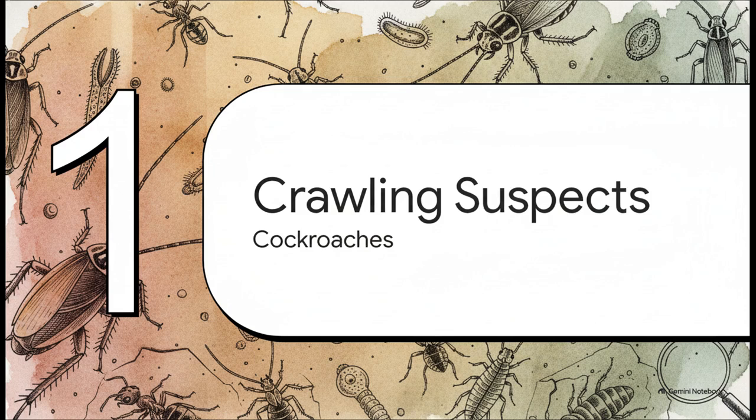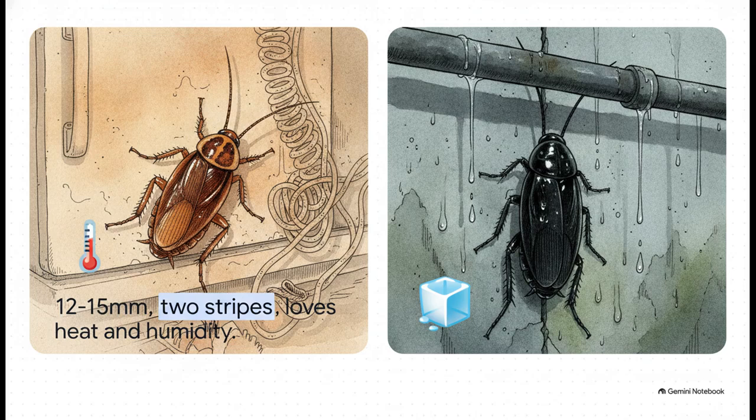All right, let's bring in our first official lineup, crawling suspects, specifically cockroaches. In this lineup, microscopic physical clues dictate your entire battle plan. The absolute key here is understanding the wild juxtaposition between these two very different suspects. Take the German cockroach. It's tiny, maybe 12 to 15 millimeters, has 2 distinct dark stripes on its back, and it absolutely loves heat and humidity.